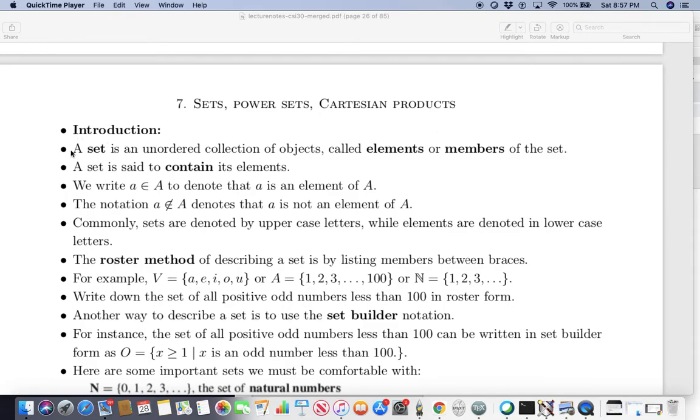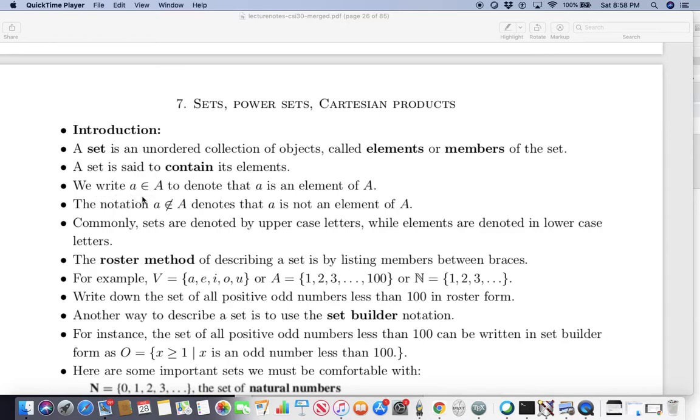Introduction. A set is an unordered collection of objects called elements or members of the set. A set is said to contain its elements. We use the symbol ∈; this symbol represents "element of."